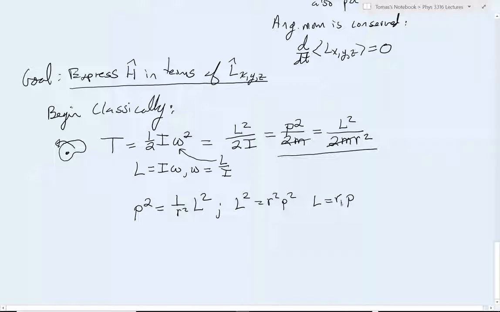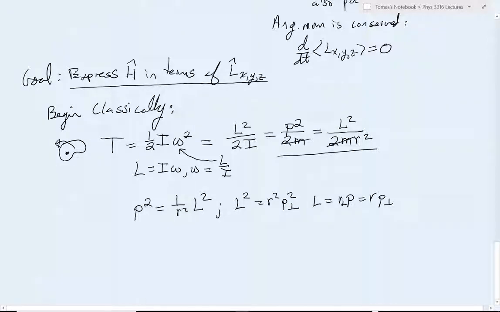Frequently that's written as something like r perpendicular times p, or the other way that's often written is as the radius times the perpendicular momentum. So a better way of thinking about this is that the angular momentum squared actually tells me information about the square of the perpendicular momentum.